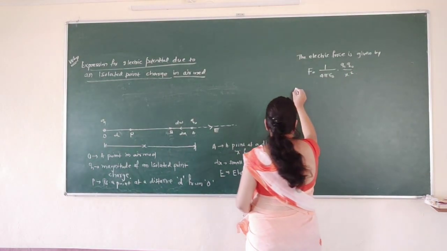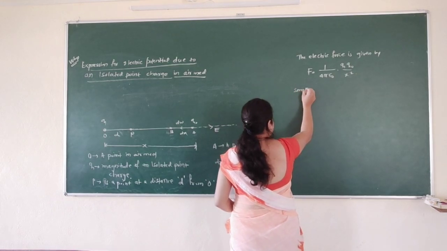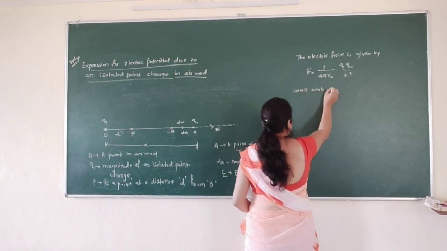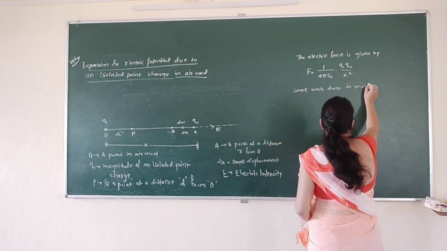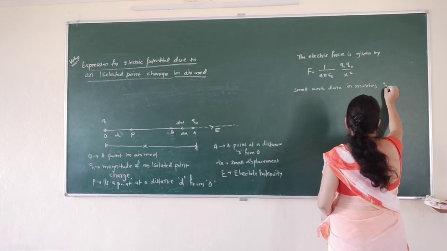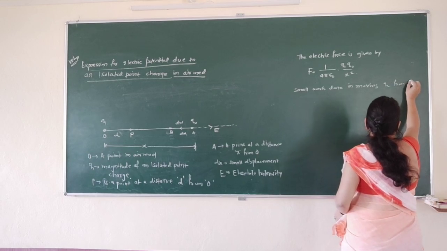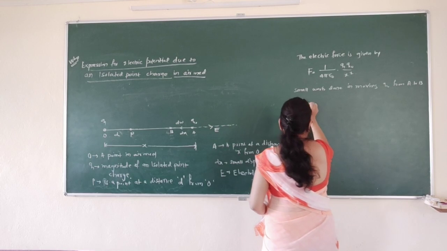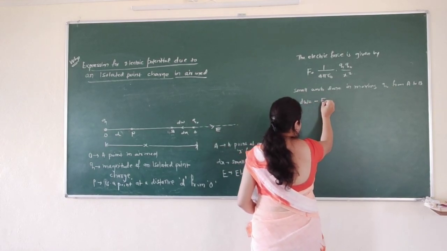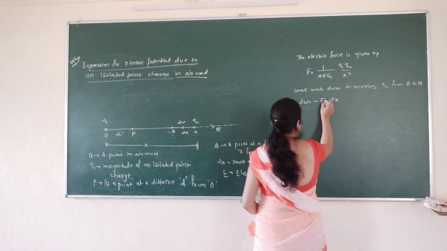Now small work done in moving Q0 from A to B: dw equal to minus F into dx. Why minus?